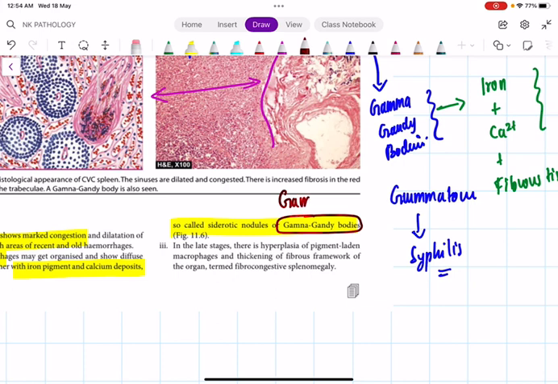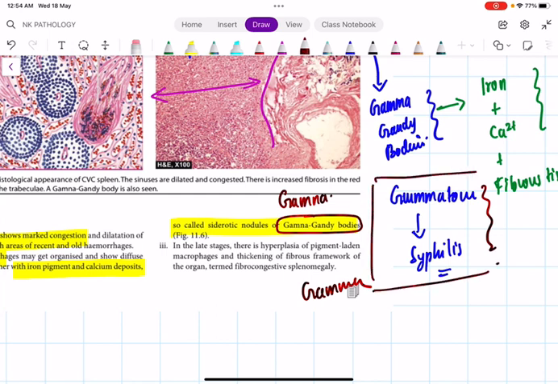When we write the spelling it is Gamna, but normally we pronounce it as Gamma. Don't confuse it with gummatous, which always means syphilis. This is a different entity. Gummatous, you will see in cases of syphilis. So this is Gamna-Gandy bodies.